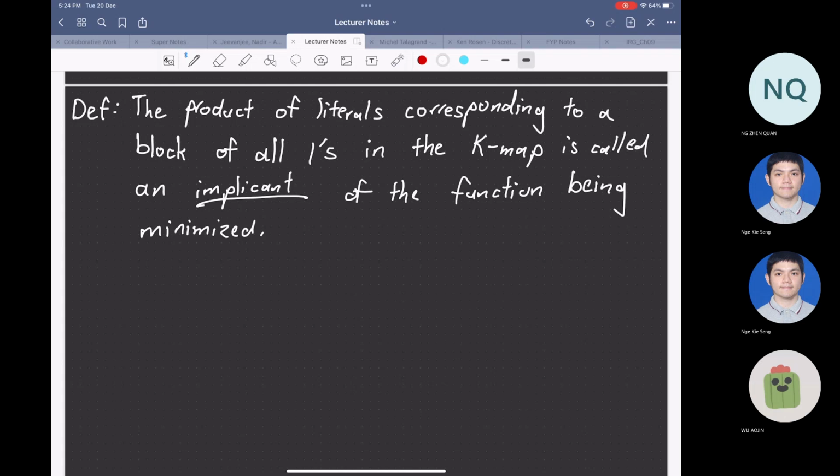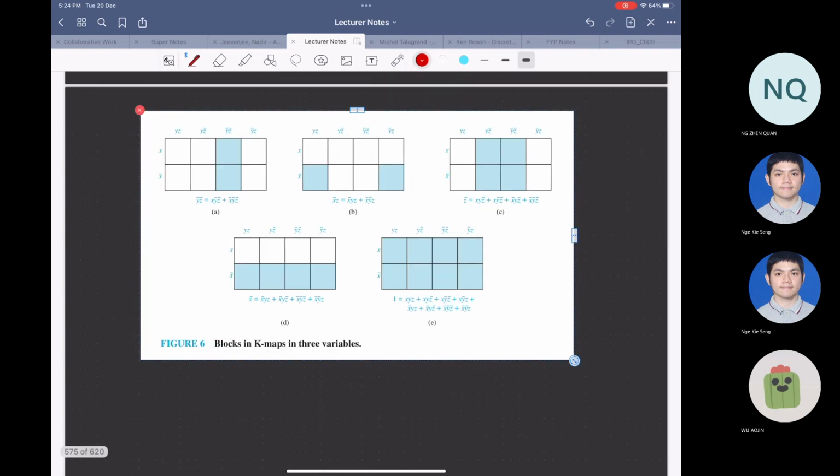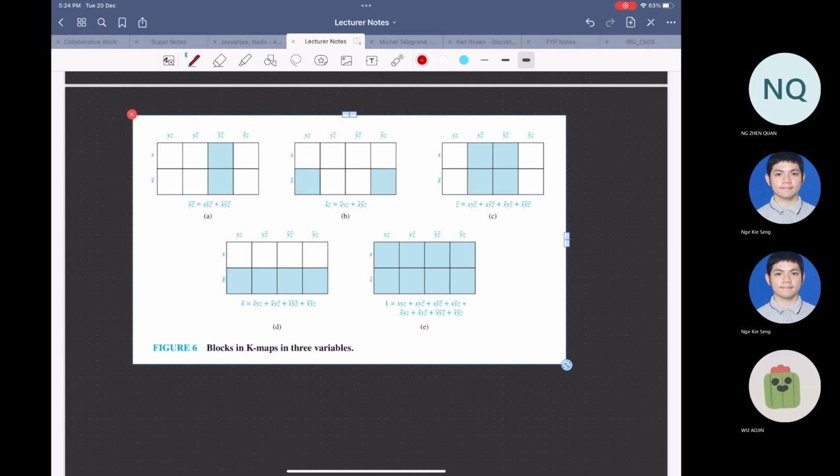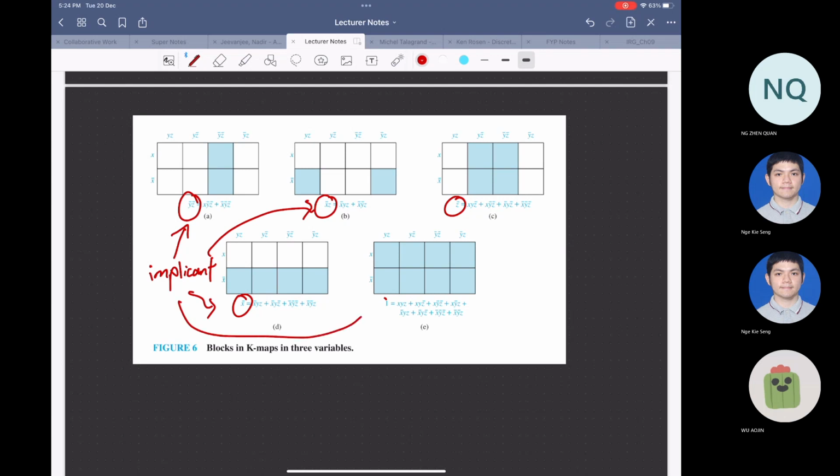So let's go back to the example here. So these are what we call the implicants.